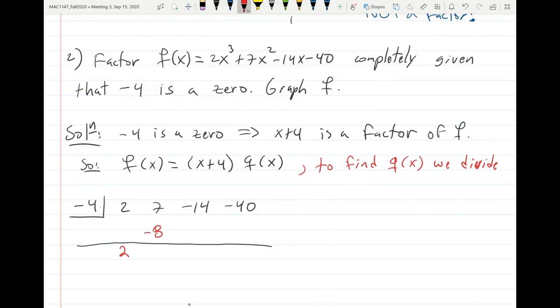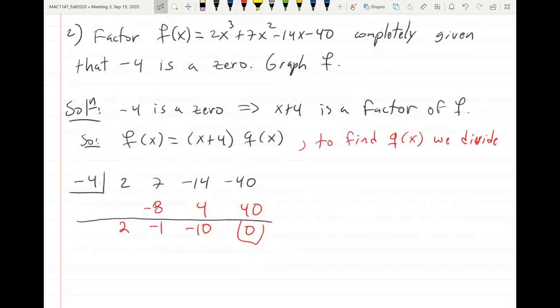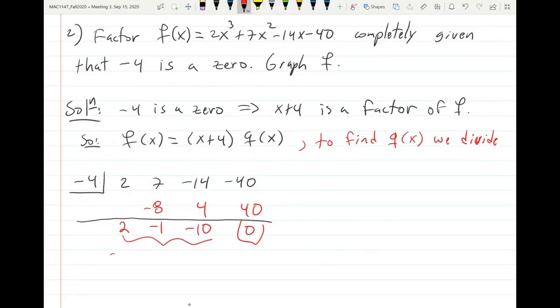This is negative 8. We get negative 1. That's 4. We get negative 10. It's positive 40. So indeed, we got 0. That's good. We knew that. But now this is telling us what is q of x. Let's see. Who can tell me from here what's q? What's the quotient in here?